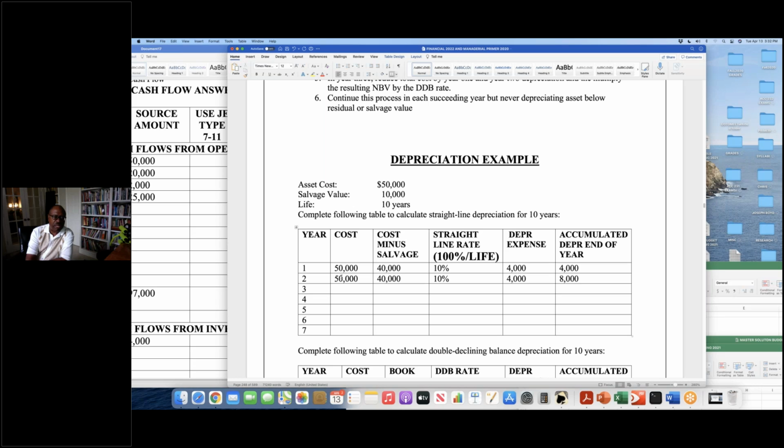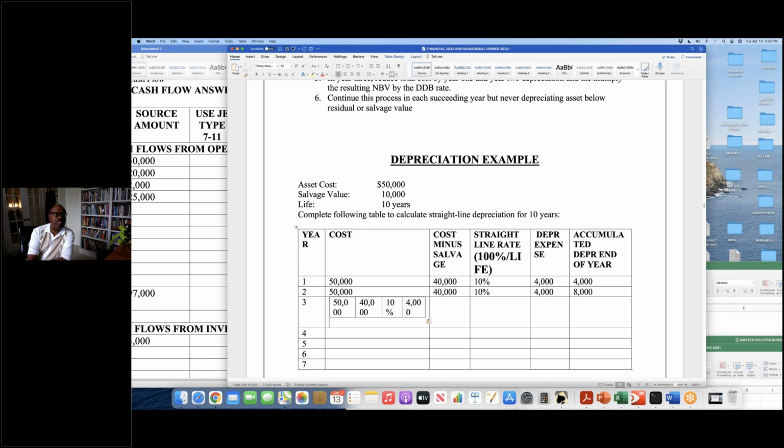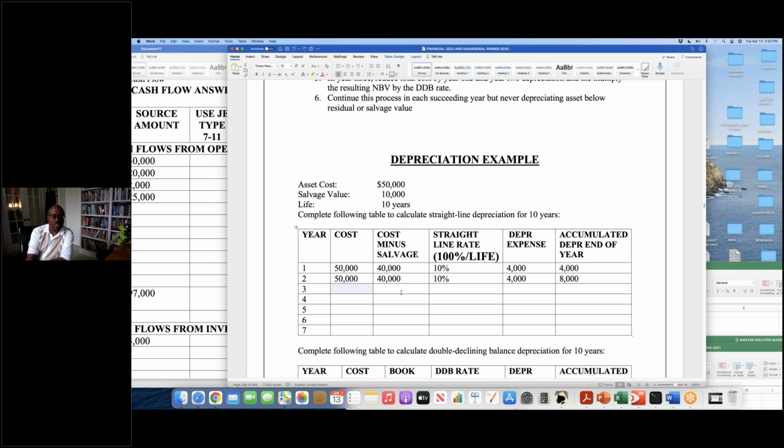Now we go to year 3. All of that's the same again, except this column. How much is it going to be now? 12,000. So that's straight line depreciation, very simple.